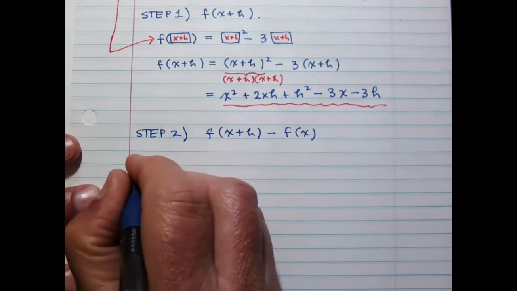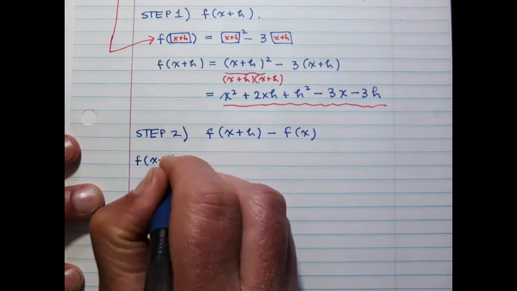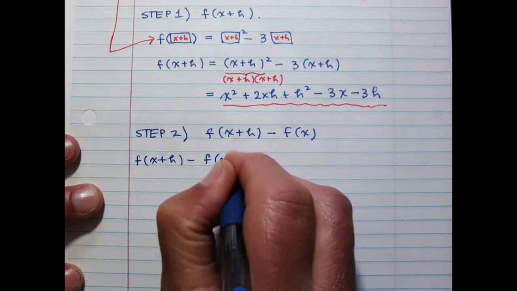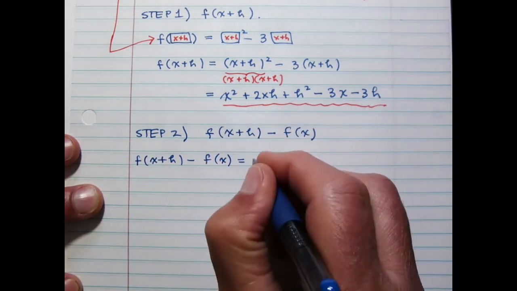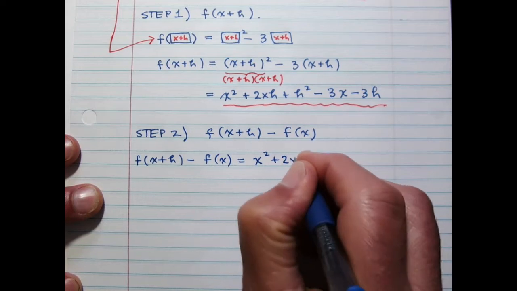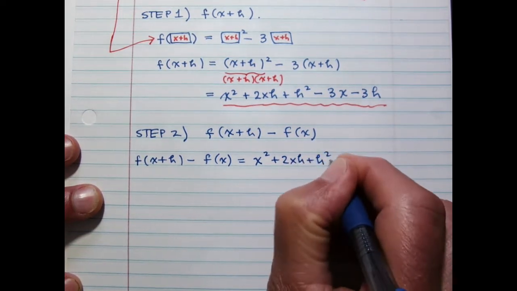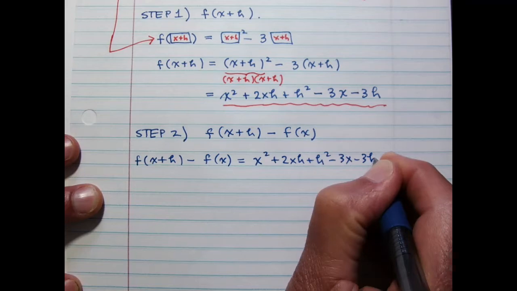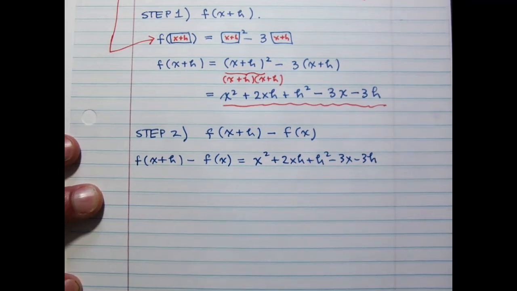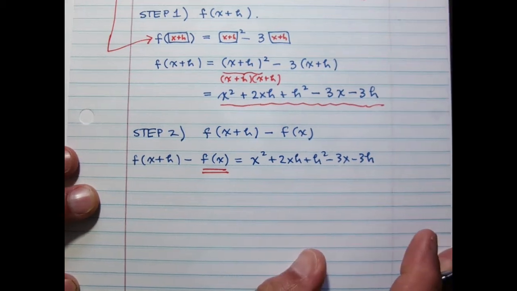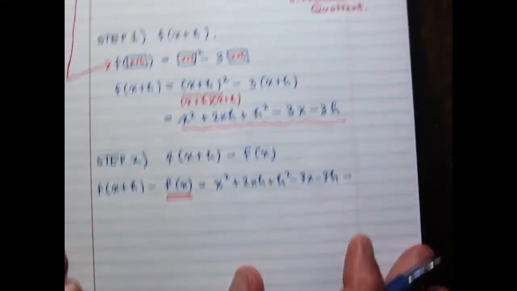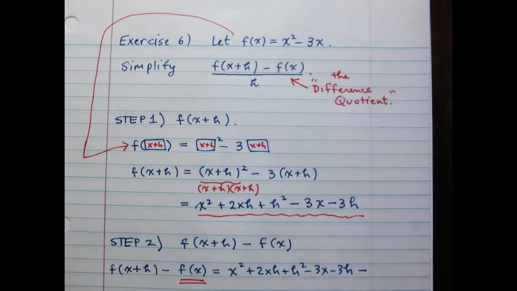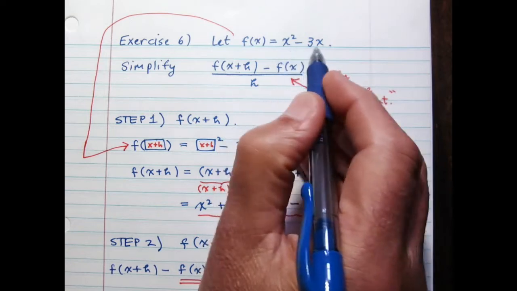My f of x plus h is our answer from step 1, so I have to copy all that stuff. Minus f of x, I'm just going to subtract my function expression. So my function expression from the top was x squared minus 3x.